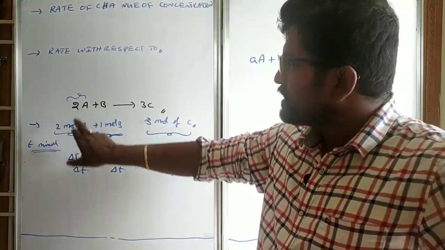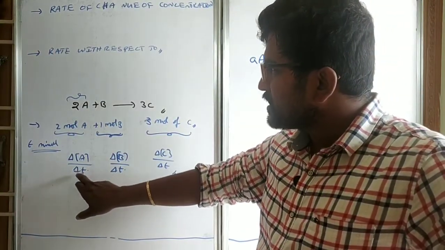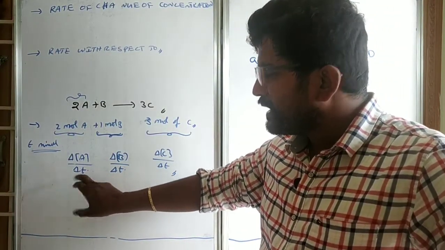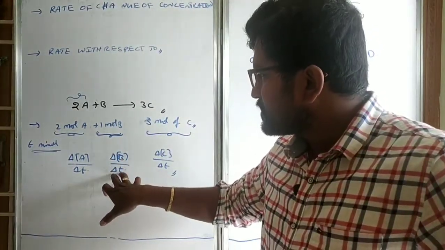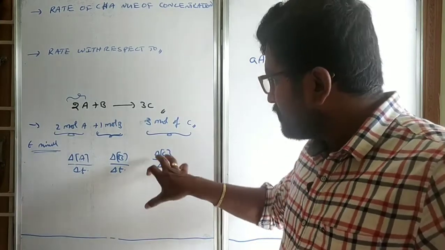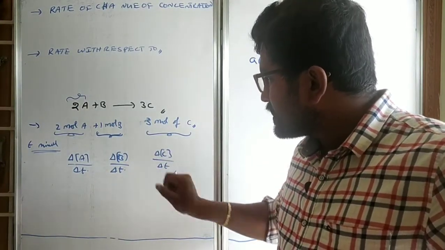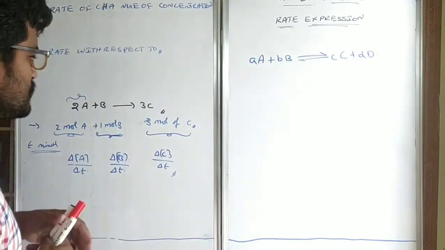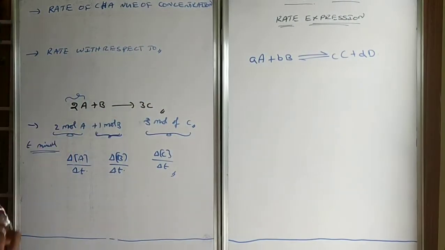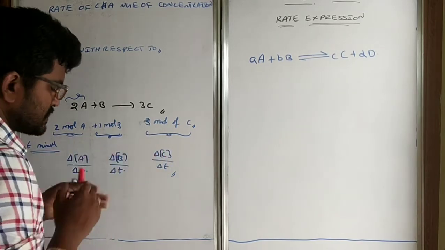So the change in concentration of A means total change in concentration of A by total change in time, likewise for B and for C. According to this reaction, these are the total changes in concentrations.